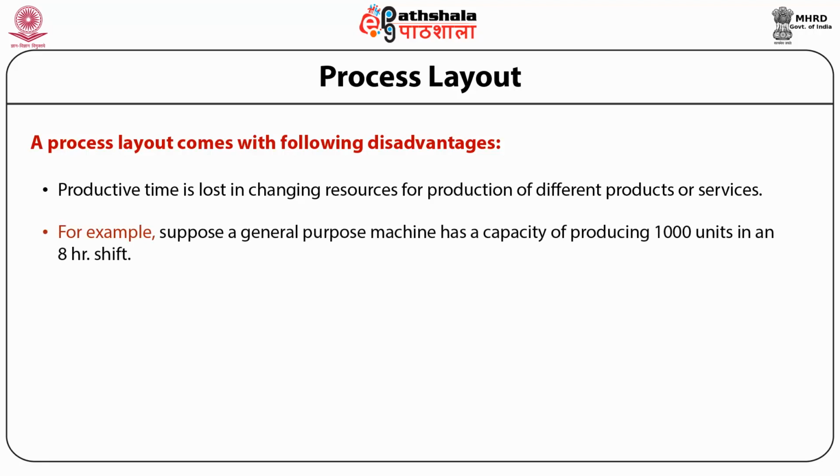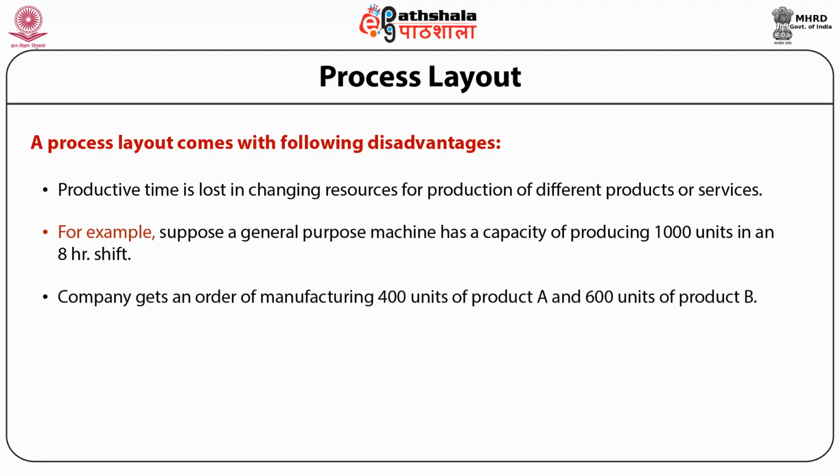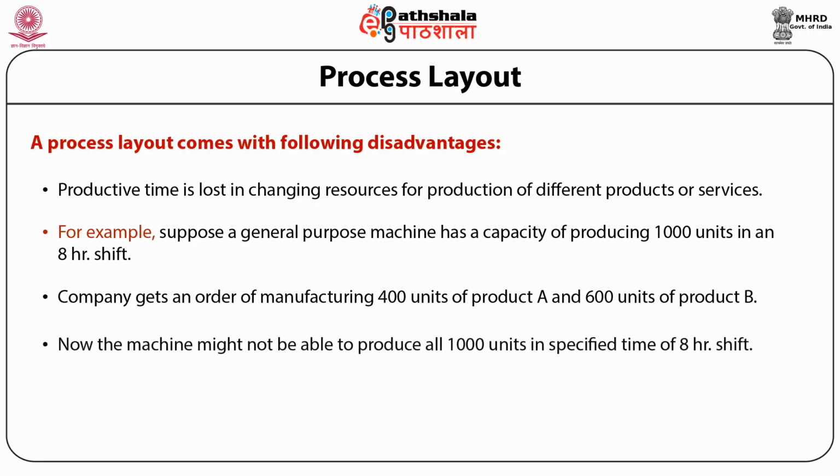A process layout comes with the following disadvantages. Productive time is lost in changing resources for production of different products or services. For example, suppose a general purpose machine has a capacity of producing 1000 units in an 8-hour shift.